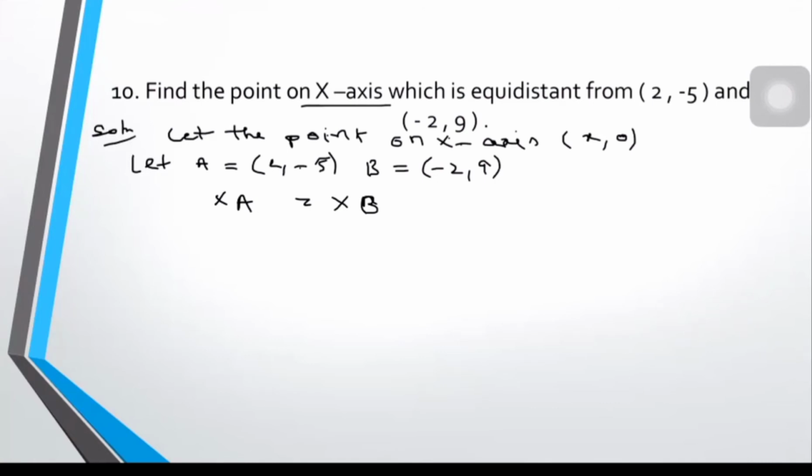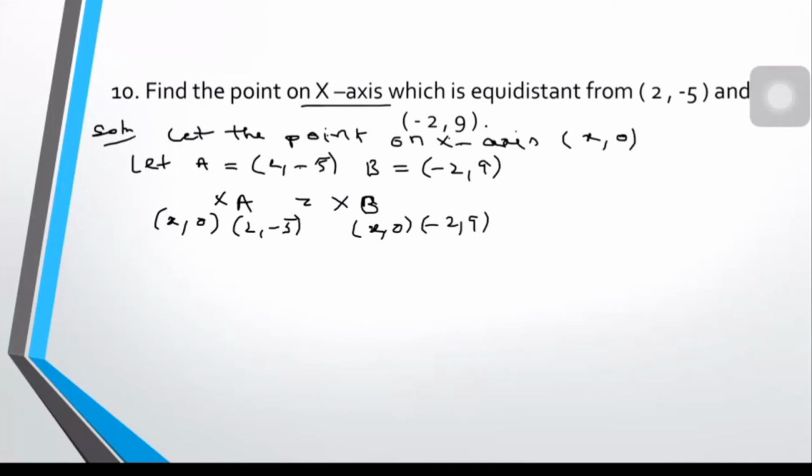Now let us apply the distance formula. So X is (x, 0), A is (2, -5), and B is (-2, 9).